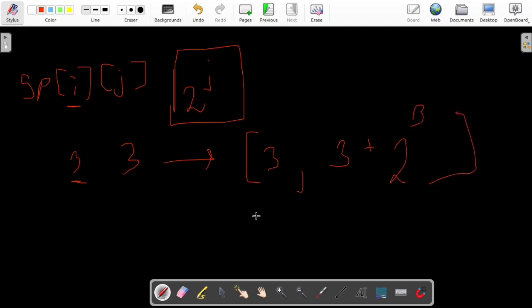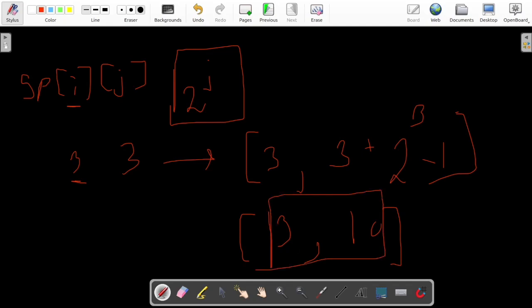Okay, so it will be simply 3 comma, this is 8, 9, 10, 11, but we need to write 10. Add a minus 1 out here. So this is what a term from a sparse table denotes, a range starting from the ith index of length 2 to the power j. And for this range, we'll simply store the answer in this cell.